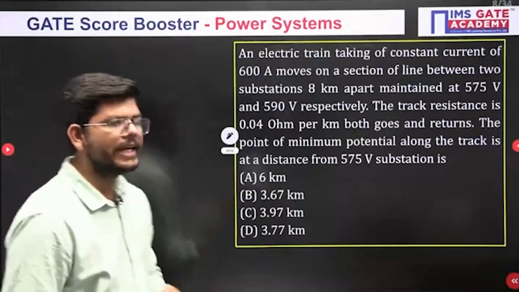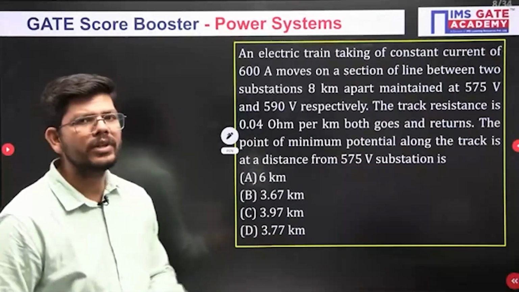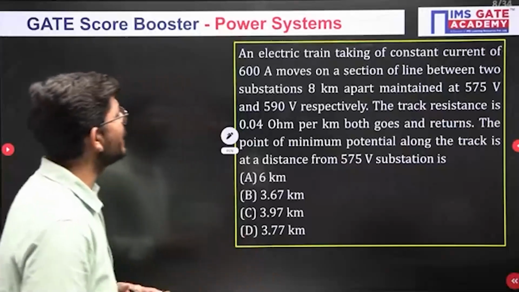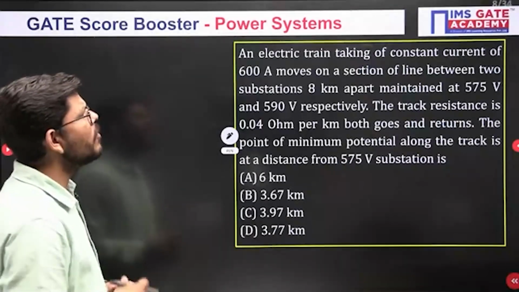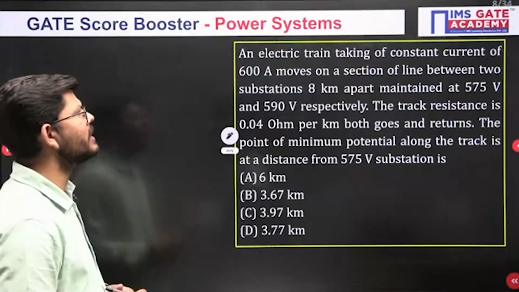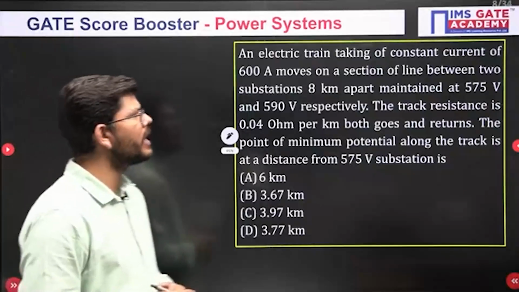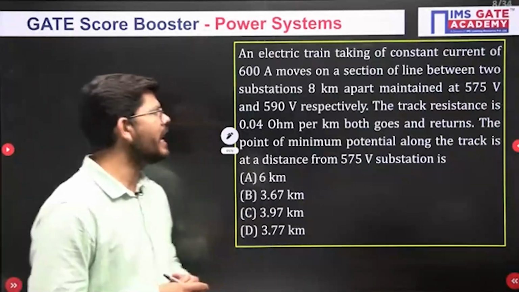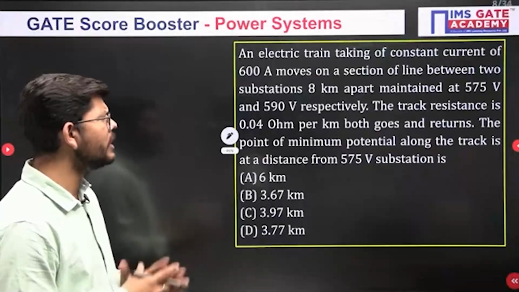So this is my next question, and this is a very good question related to the distribution system. What has been said here is, an electric train taking a constant current of 600 ampere moves on a section of line between two substations 8 km apart, maintained at 575 volt and 590 volt respectively.